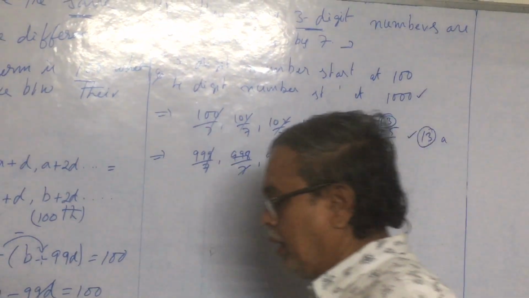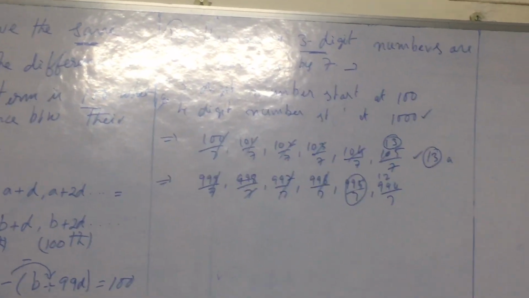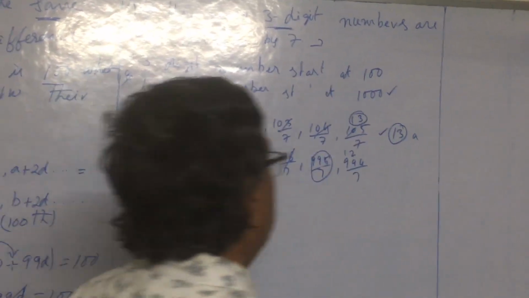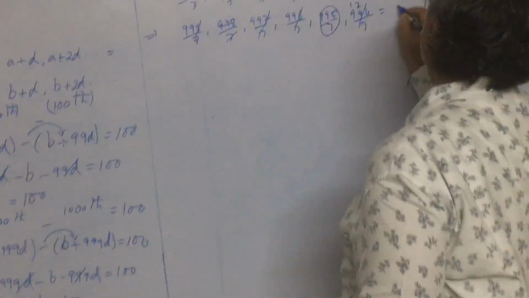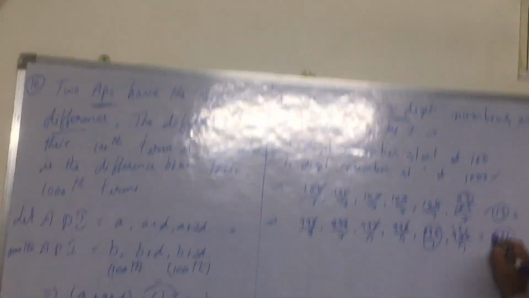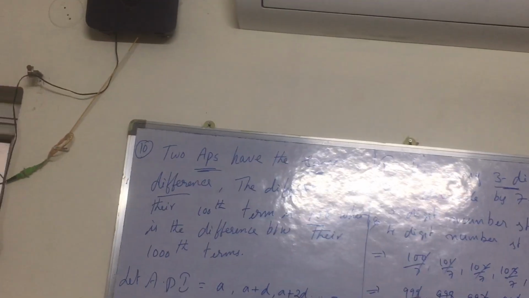It is divisible by 7. Exactly, 994 is divisible by 7. Then 994 is the last number. So an AP is formed.